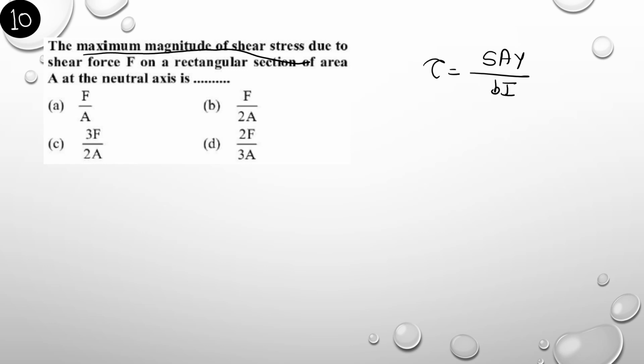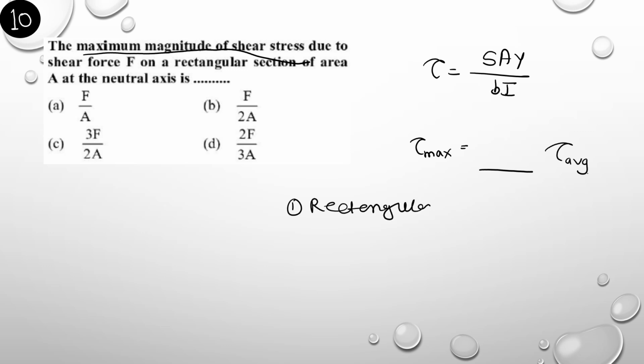I mentioned this trick in a short notes video. So that is a trick for the shear stress formula, and for maximum shear stress the formula has one constant and then tau average. This kind of formula is used for different kinds of sections. Here they ask for a rectangular section.